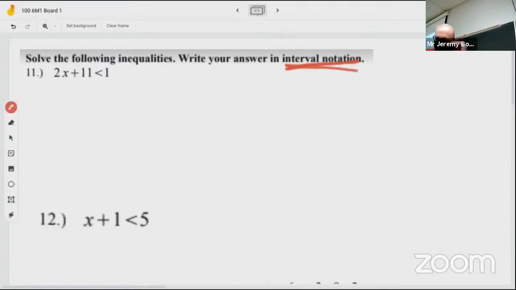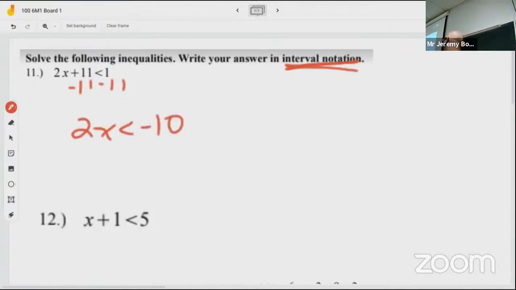So for number 11, that one's pretty straightforward, right? You got 2x plus 11 less than 1. Want to get the x by itself. The x is on the left-hand side right now, or the variable, whatever it is, but in this case it's x. Want to get the constants on one side, so let's subtract 11 from both sides. And we'll have 2x now less than -10.